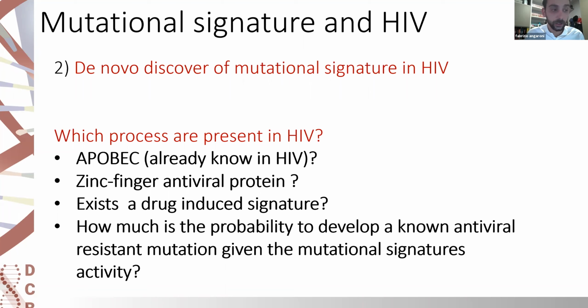So maybe also by studying the relation with metadata that contains drug treatment, we can try to understand if there is a fingerprint, a signature of drugs in our data, and maybe try to estimate how each signature gives the probability to develop an antiviral resistance mutation of HIV.